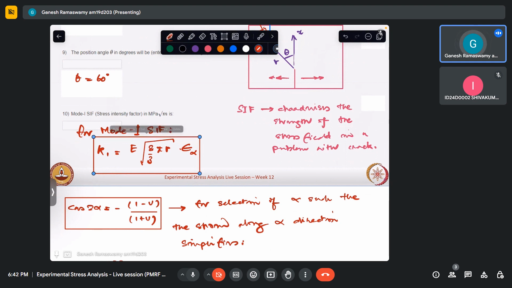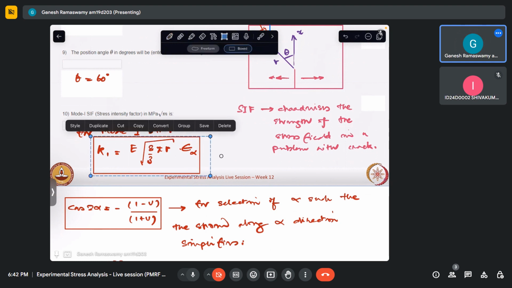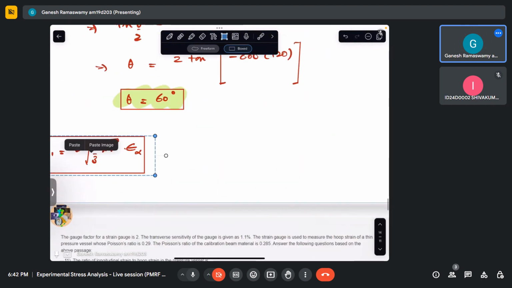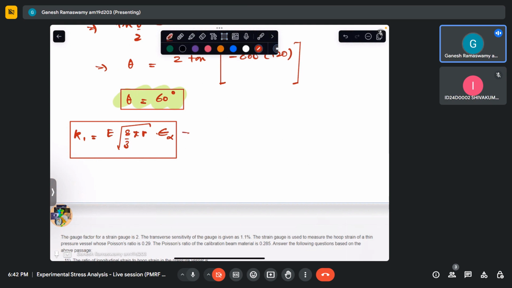So let us go ahead and compute this. So in the question, it is given that the strain gauge is pasted at a radial distance of 2 mm, and we have already seen it is pasted at an orientation of 60 degrees, from which we have our alpha as 60 degrees.